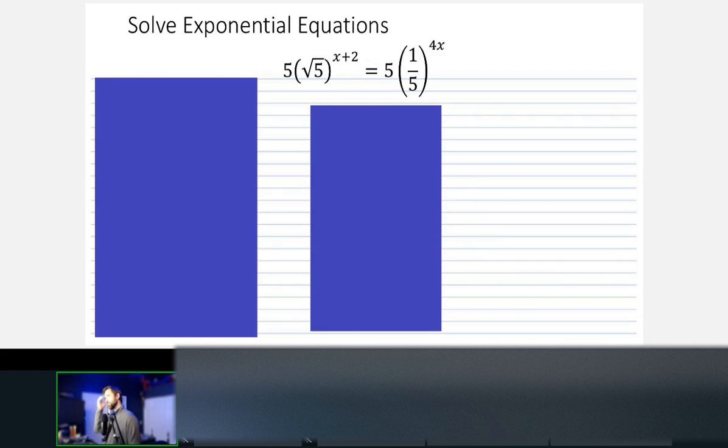All right, solve the exponential equation. I'll give you a moment to get started on this one. I'm actually going to open up the test and just double check that graphing one.